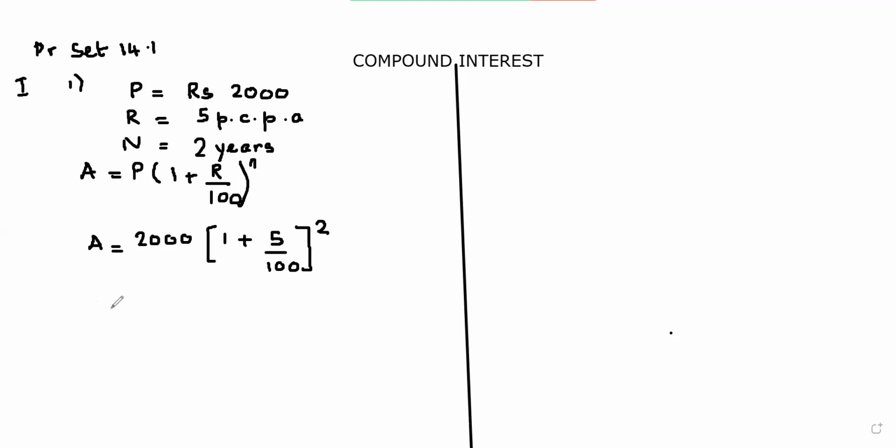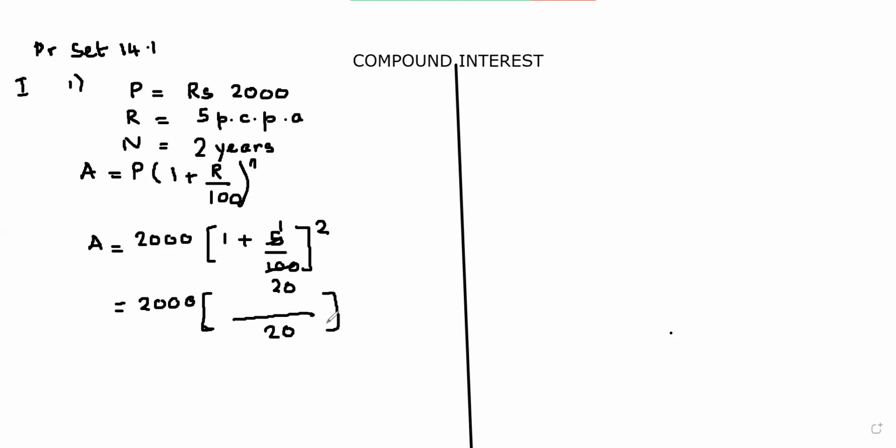To make it easier, I'll open this bracket, but here I will cancel. 5 ones are 5, 20s are. So when I take the LCM, I take the LCM as 20.